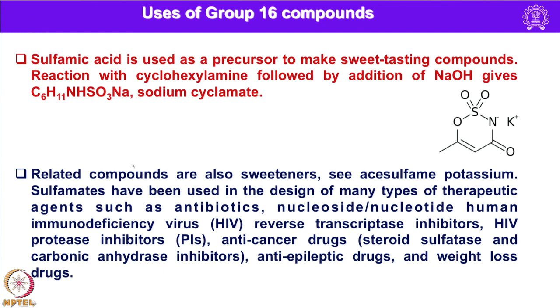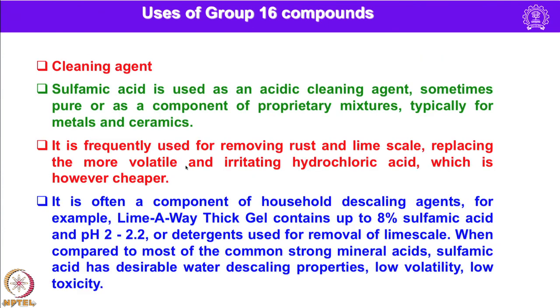So, many of those things are used, and also they come very handy as cleaning agents. Sulfamic acid is used as an acidic cleaning agent, sometimes pure or as a component of proprietary mixtures, typically for metals and ceramics.